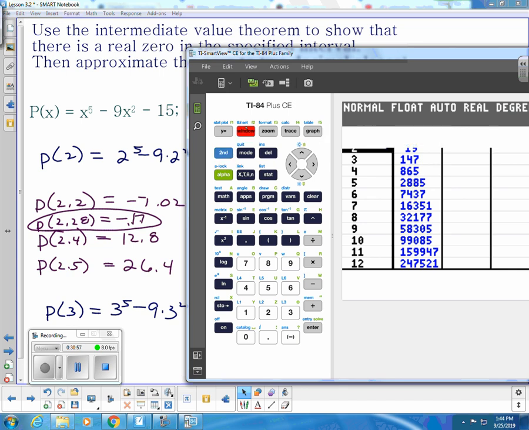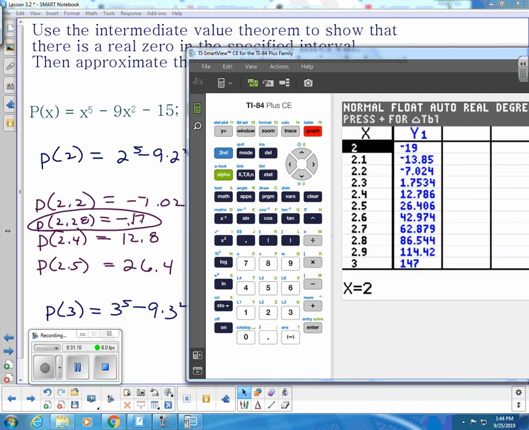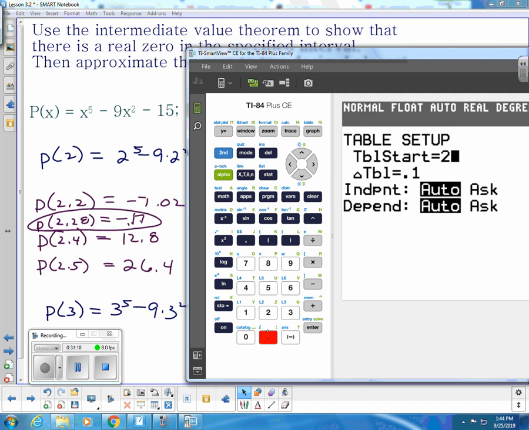Go back to your table setup and say, I want to go to 2 decimal places. We're going to do 0.1 right now. Now you can see we're getting close. It's got to be between 2.2 and 2.3. So we can go back to table setup, start at 2.2, and go by 0.01 because they went to the nearest hundredth.